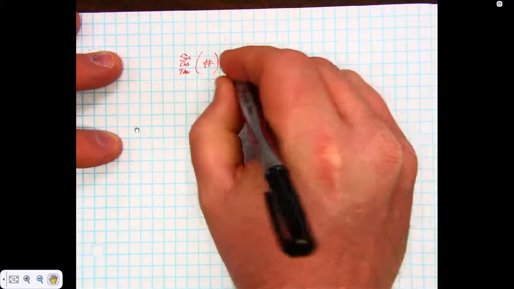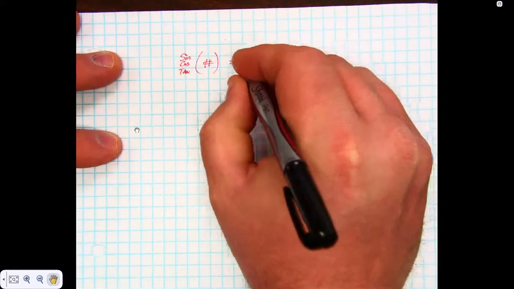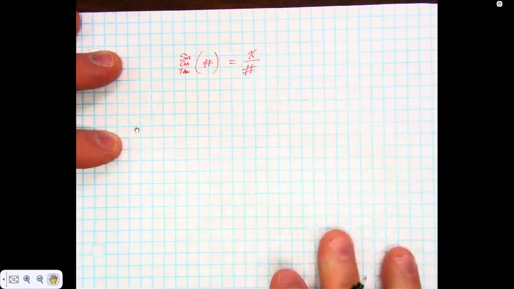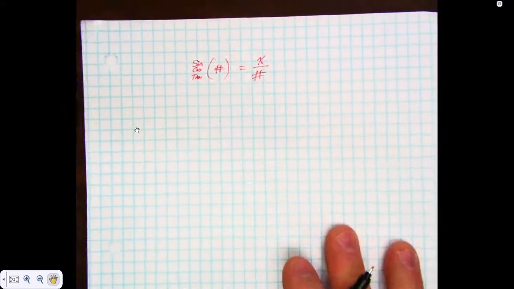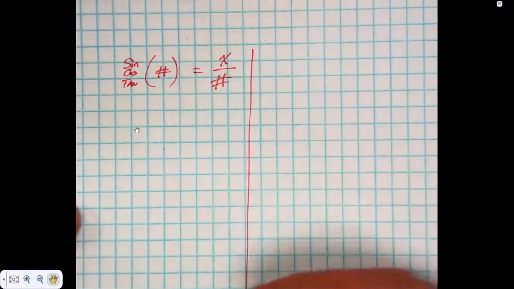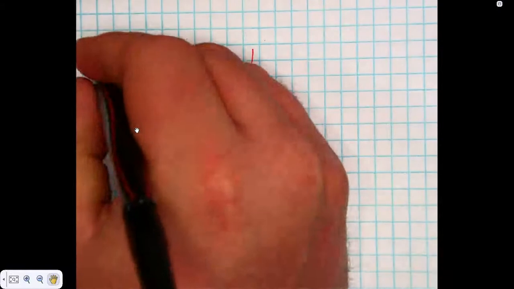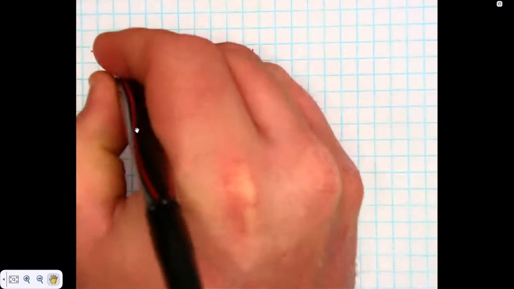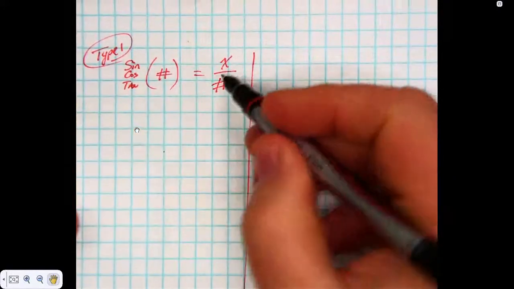You're going to have a type like this, where your x is one of the sides.